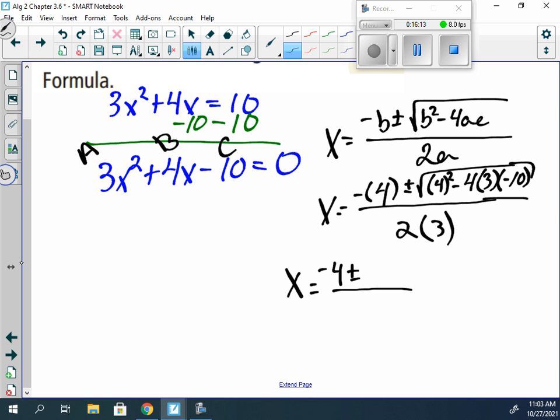Now at this point, I would plug everything inside the radical, not really using the radical, to figure out what we have. And it would give us, I think it's negative something, negative 104. And 2 times 3 is?